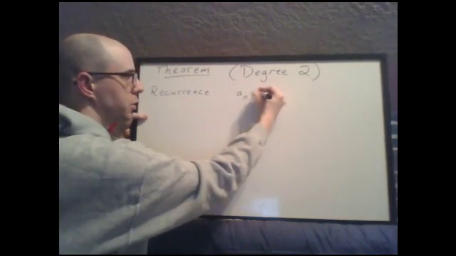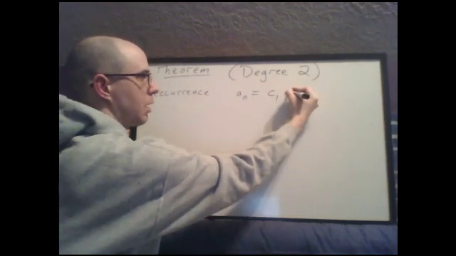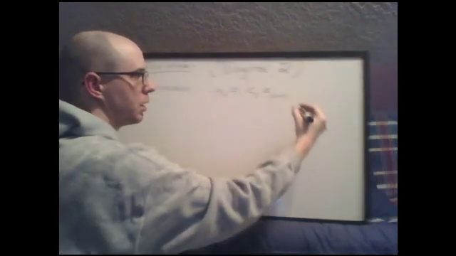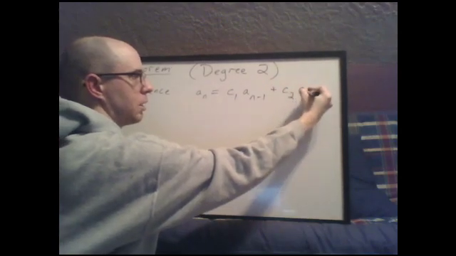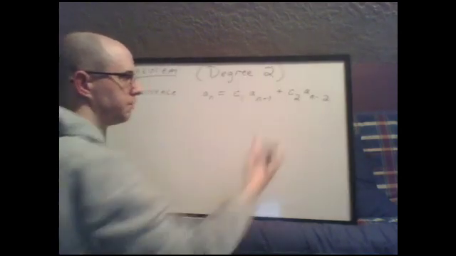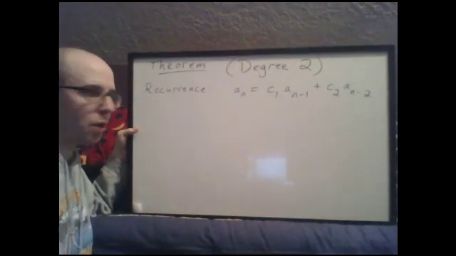a degree 2 recurrence would look like a_n equals c1 a_(n-1) plus c2 a_(n-2). So that's what we want to solve.